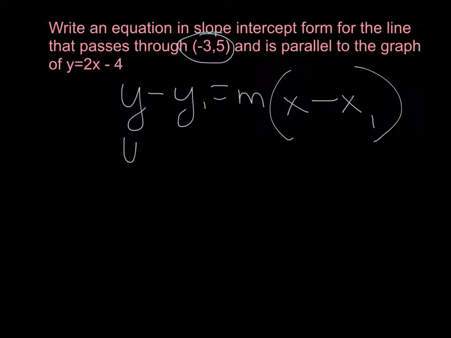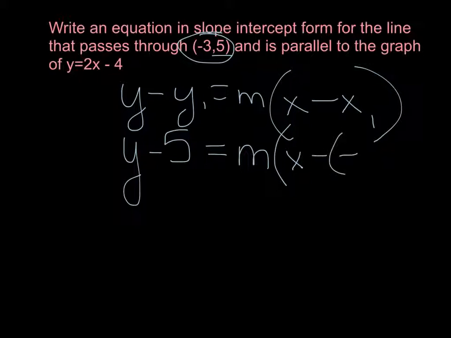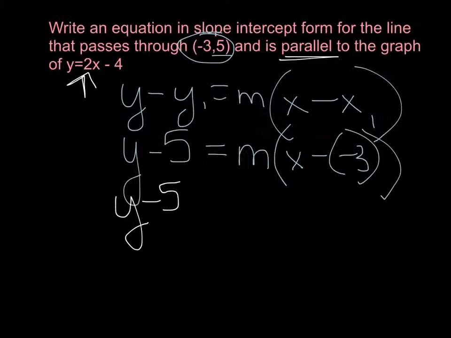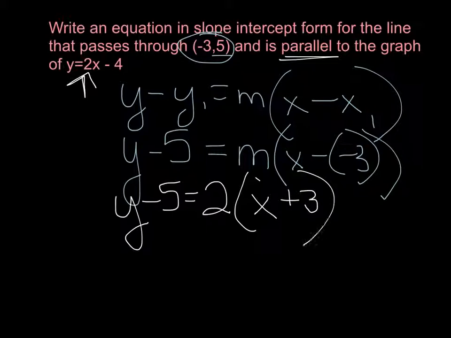The y1 is 5, so y - 5 = m(x - (-3)). Now we replace the slope. Since the lines are parallel, we know that the slope is the same. So we have y - 5 = 2(x + 3), because those two signs come together.